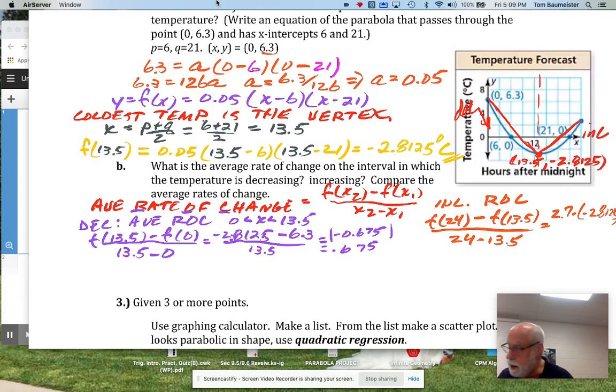And then 24 minus 13.5 will give us 10.5. If we work that one out, we will get 0.525.